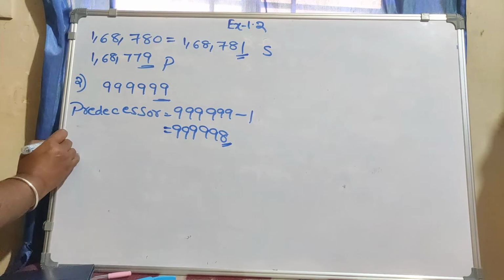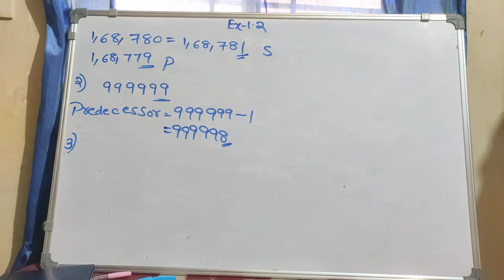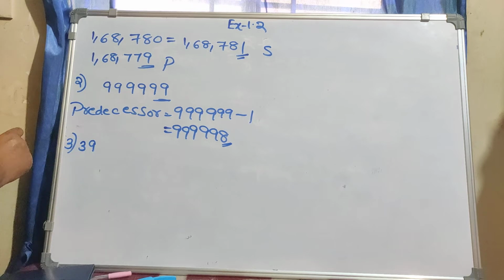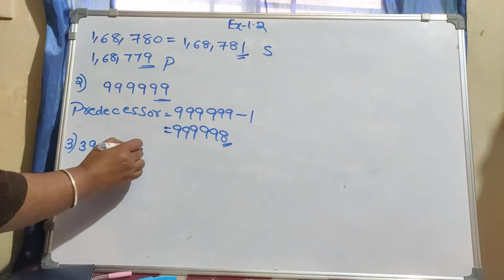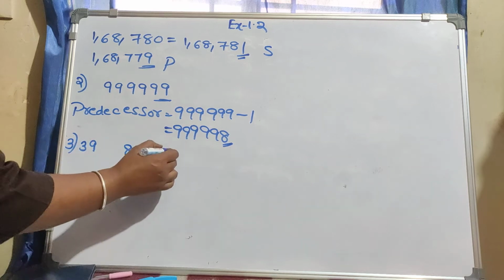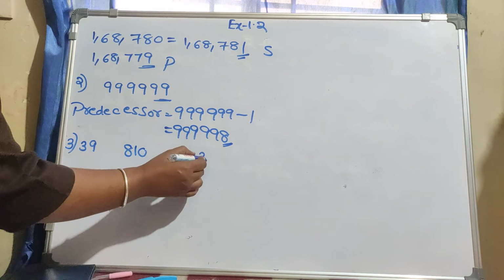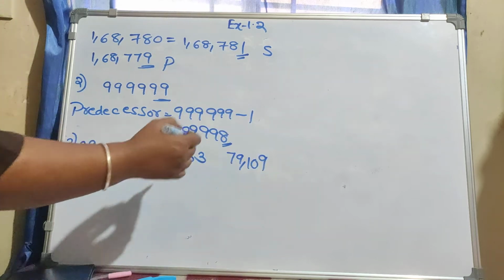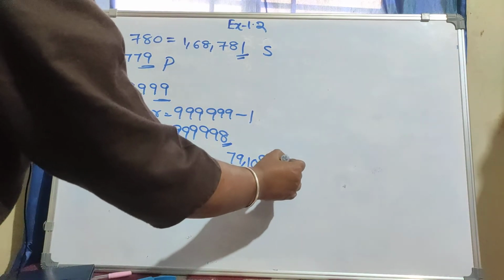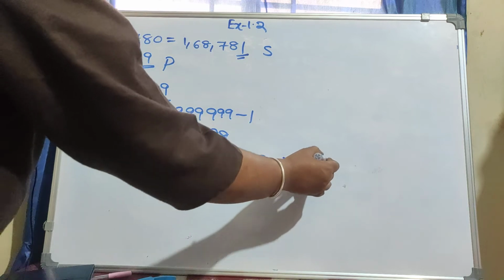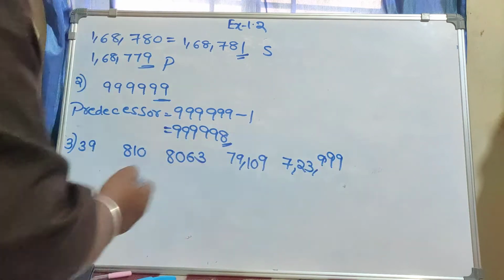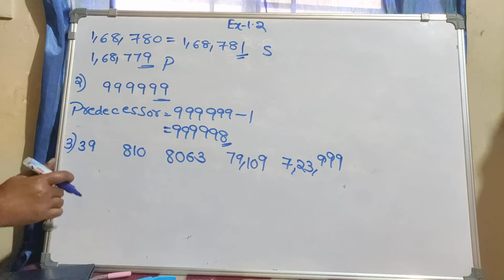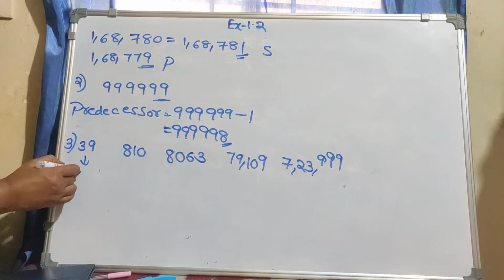Now the third question, given some numbers and asking for the successors. 39, what is the successor? 810, what is the successor? 8063, 79,109 and 7,23,999. First, 39, after 40.